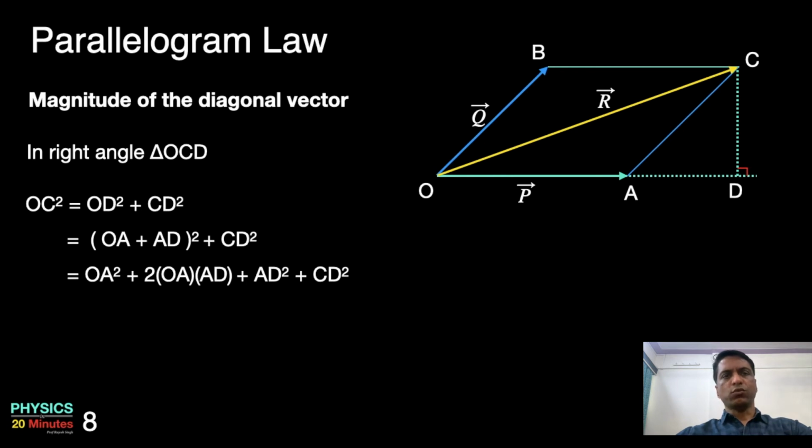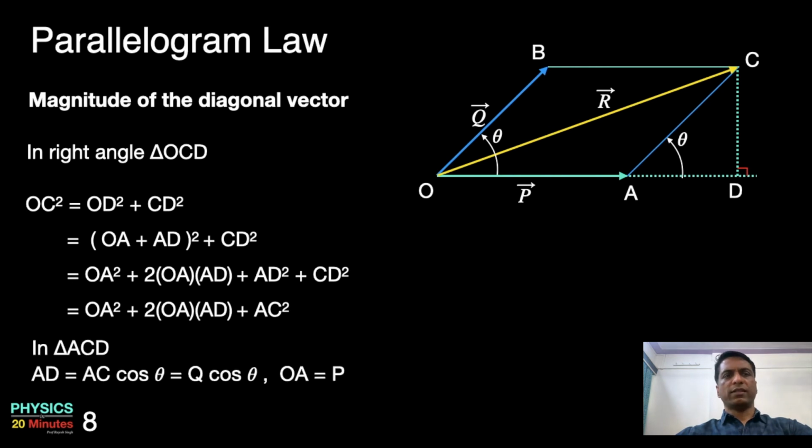Now the last two terms of this equation, AD square plus CD square, if you look at the diagram, belong to the smaller triangle ACD. In the smaller triangle, hypotenuse is AC. Therefore, AD square plus CD square can be written as AC square. Therefore, we can write OA square plus 2 OA AD plus AC square. Let the angle between the two vectors be theta. Therefore, angle CAD will also become theta.